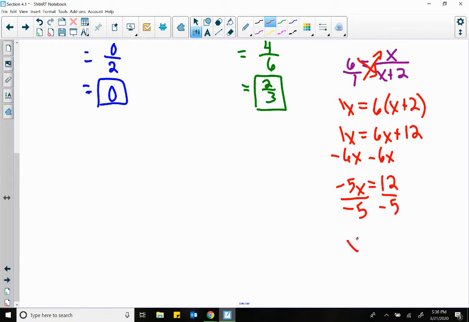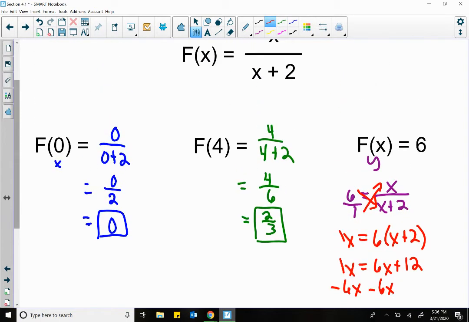And you now know that the x value had to be a negative 12/5. And there you go. So in this last problem, they gave you the y value. You plug the y value into the y spot, and you're going to do some cross multiplying and solve the proportion. That's all it is. Okay?